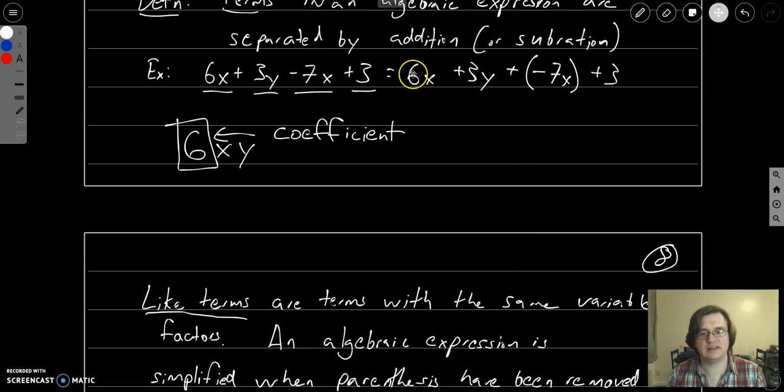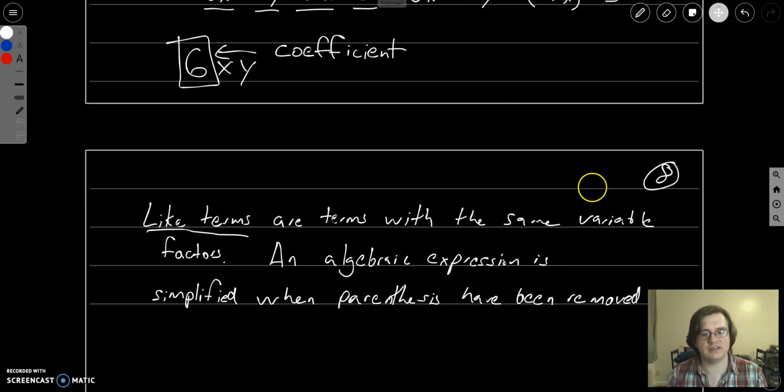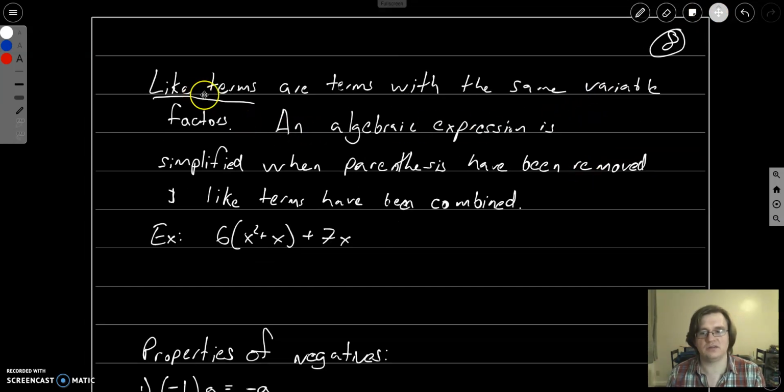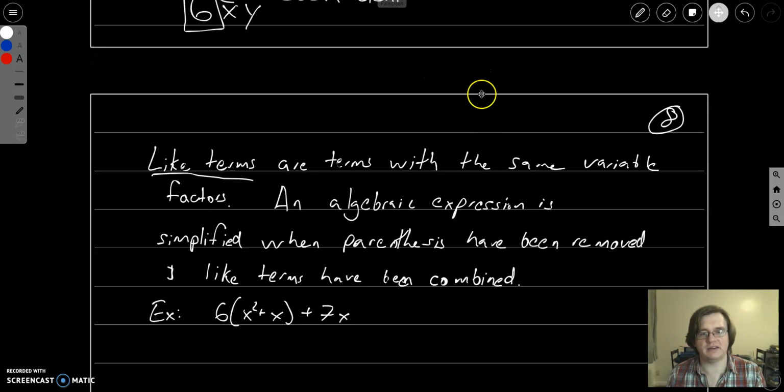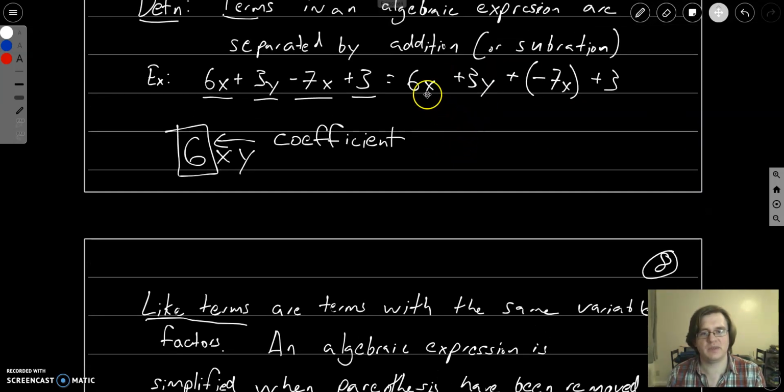Furthermore, we can see that 6x and negative 7x look very similar, and these are called like terms. So like terms are terms with the same variable factors. So coming back up to our example, 6x and negative 7x both have x, and no other term has an x in it.